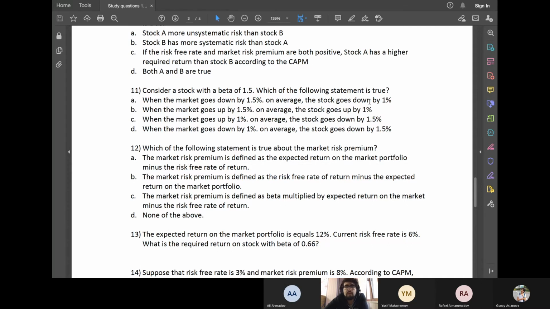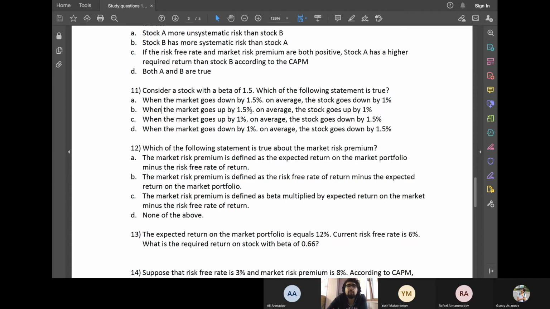That should be reversed. When the market goes down by 1%, the stock will go down by 1.5% because the stock has a beta of 1.5. So A is not true. It should be reversed.